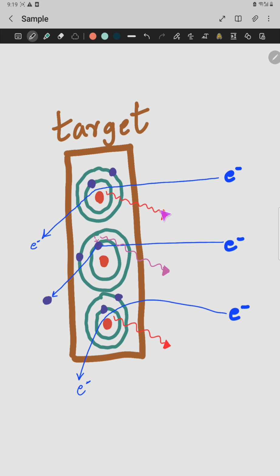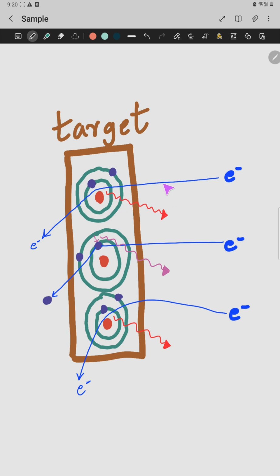This is Bremsstrahlung X-rays or radiation. And the rest of the electron with a lesser energy is being released here. Or the electron completely loses its energy here, and an equal amount of energy as a photon is being produced, and this is Bremsstrahlung radiation.